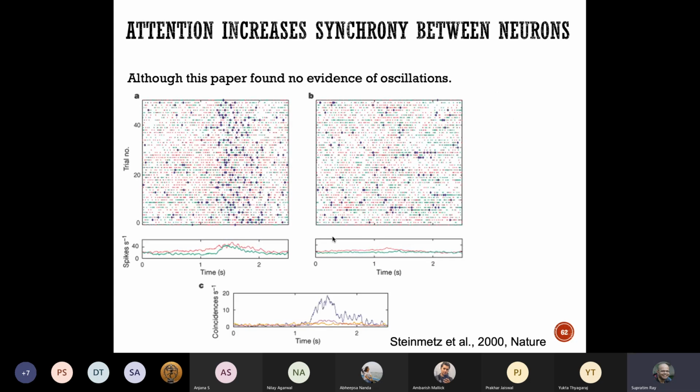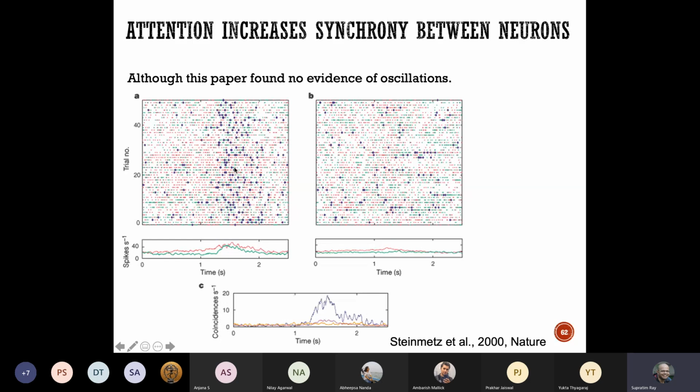Now, there is actually some evidence that when the monkey pays attention to a particular stimulus. So this is one case where the stimulus onset is at 1 second. The red and the green dots correspond to the action potentials fired by two different neurons that are being recorded simultaneously.